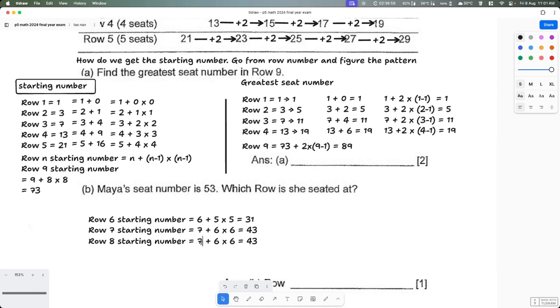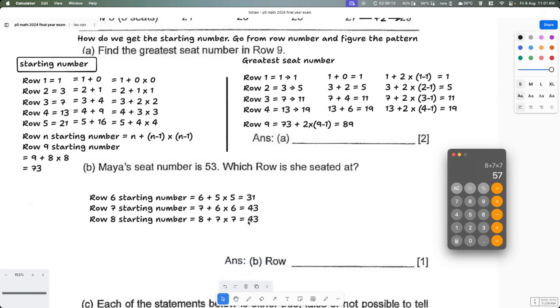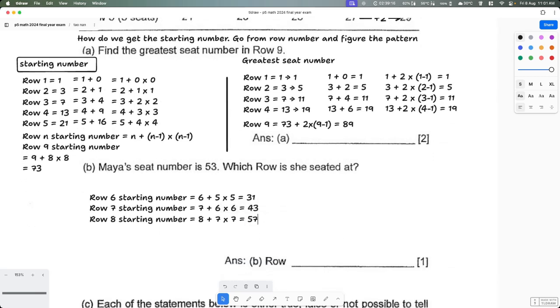So row 8 is basically 8 plus 7 times 7, equal to 57, right? So that means it should be row 7 now.